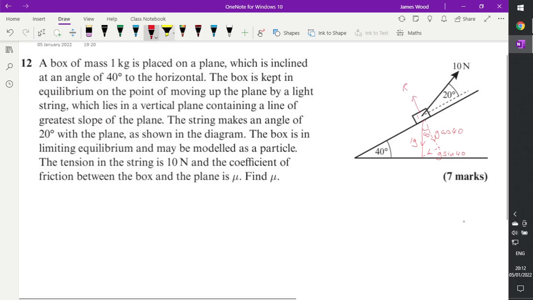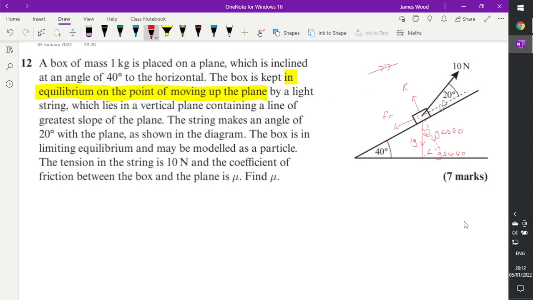The box is kept in equilibrium on the point of moving up the plane. So if it's on the point of moving up, it wants to accelerate upwards, so the friction must be going downwards, like that. The string makes an angle of 20 degrees with the plane.